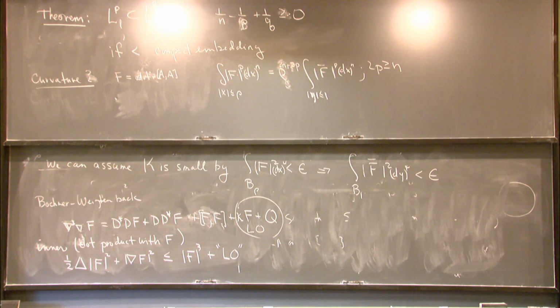This gradient is of the absolute value of f squared, or f, because I divided. Where's a half somewhere?